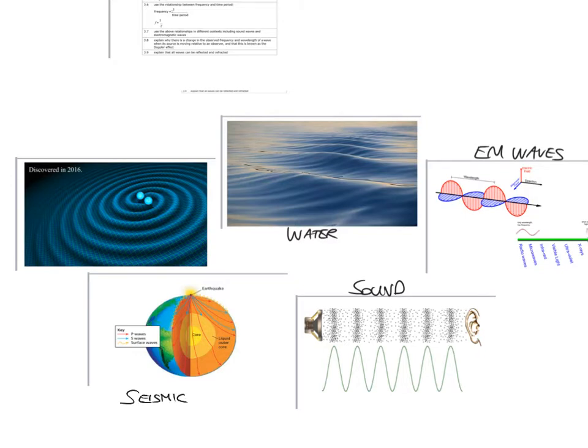There are P waves, pressure waves, which are longitudinal, and S waves, which are transverse. I've also included here gravitational waves, which were only discovered recently in 2016. Gravitational waves are transverse. They're not an example I would include in an IGCSE answer, however.